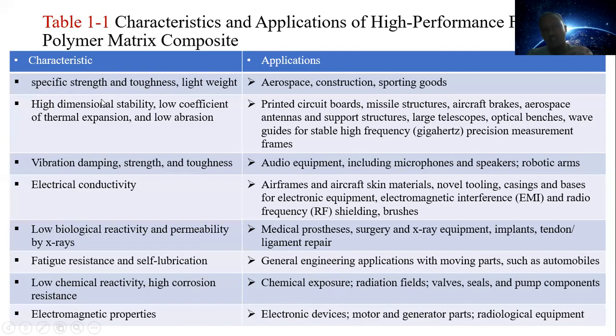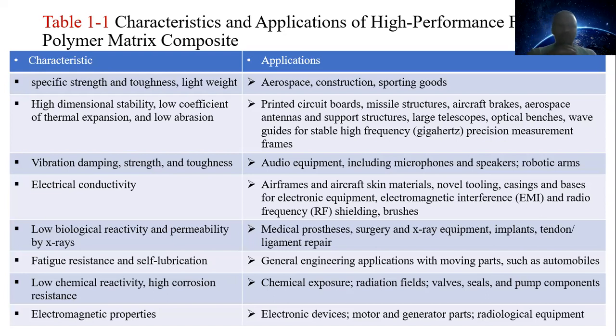That means these high performance composites, made from carbon fiber and polymer matrix, have good specific strength and toughness. The specific stiffness, the stiffness of the material is high, strength is also higher, and it is also lightweight.